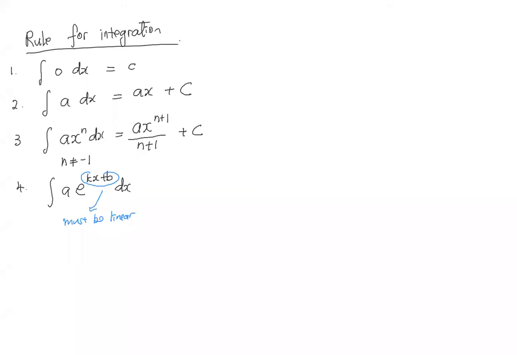So this will be equal to, and put the coefficient of x down here, then plus c. So these are the basic rules. Another one, same thing, and n cannot be equal to -1. And make sure here it must also be linear.